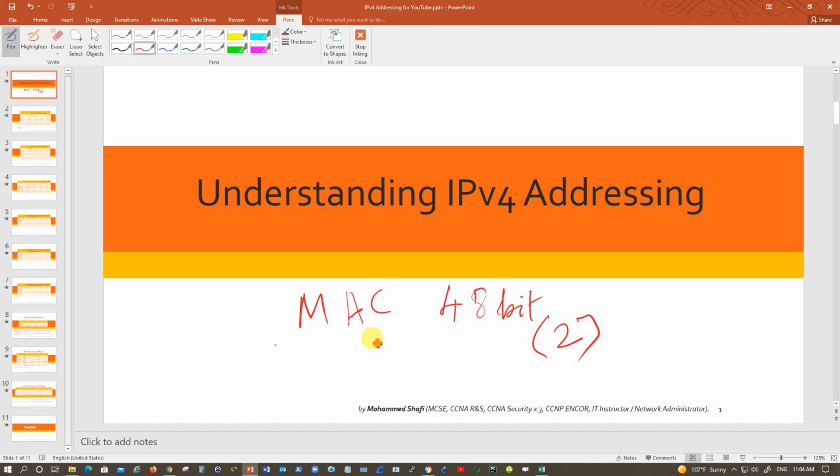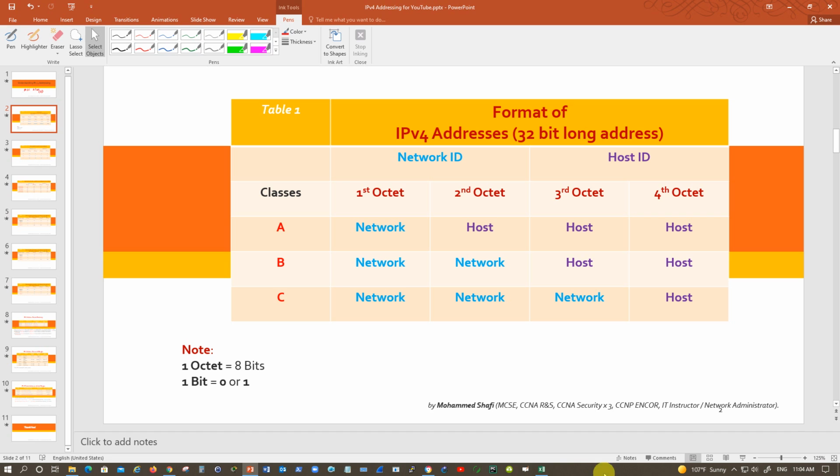Moving on to the second slide. Here I try to revise a few things for your understanding, to explain the format of IPv4 addresses. If somebody is new to IP addressing, learning networking, they may find it beneficial.